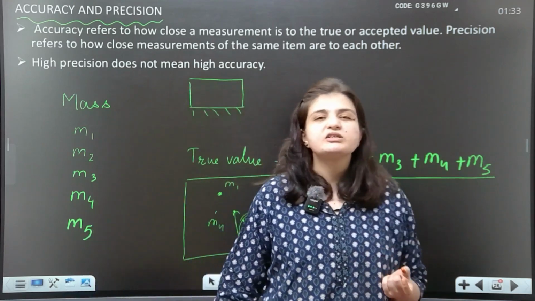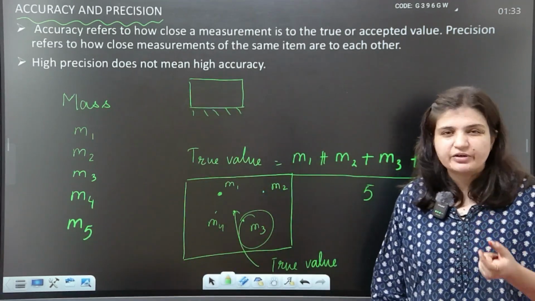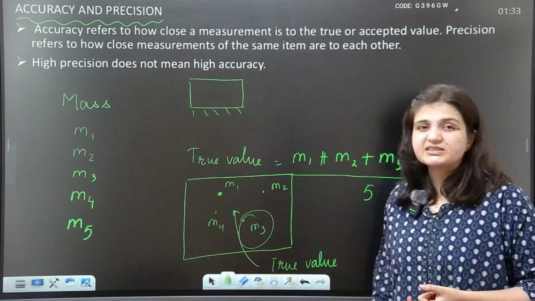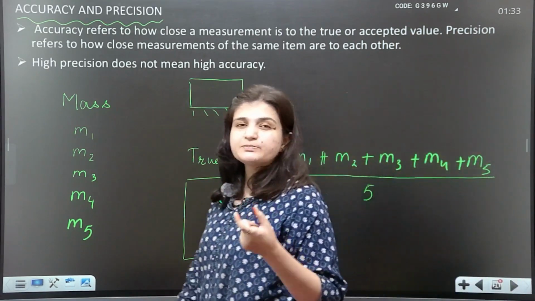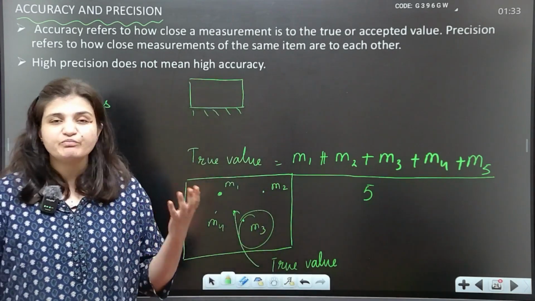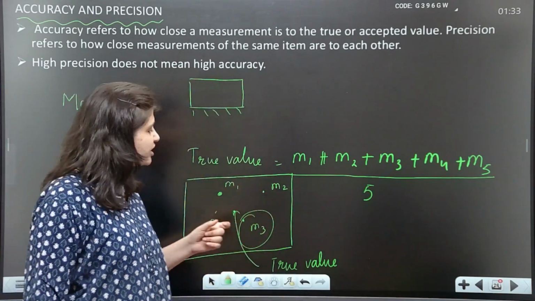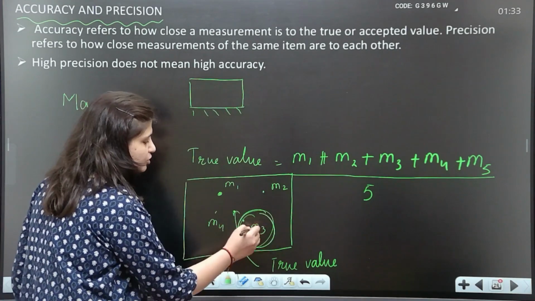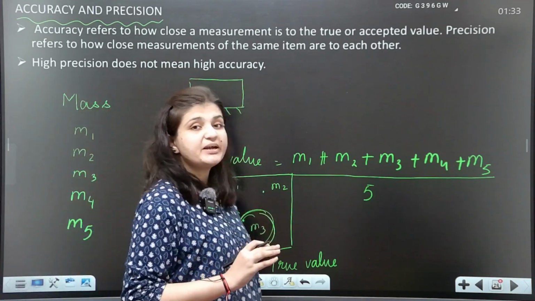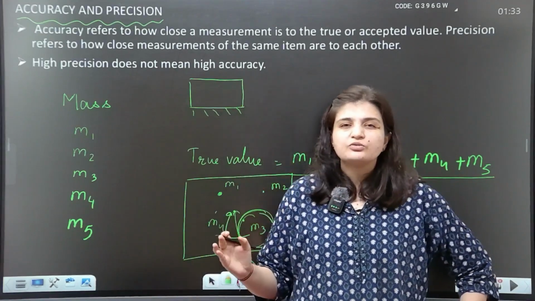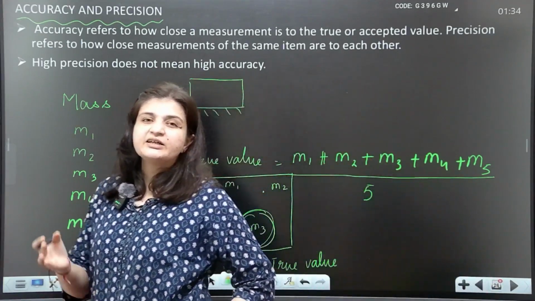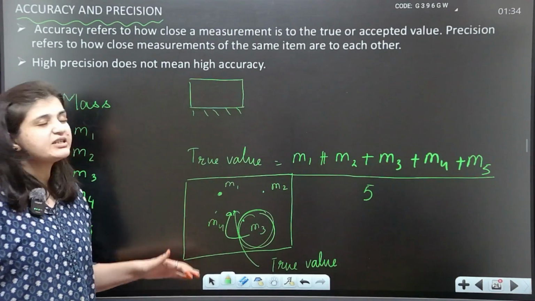This is what we call accuracy. We have done various experiments and have various measurements. If a measurement is closer to the true value, we call it accuracy, that is, how close it is.